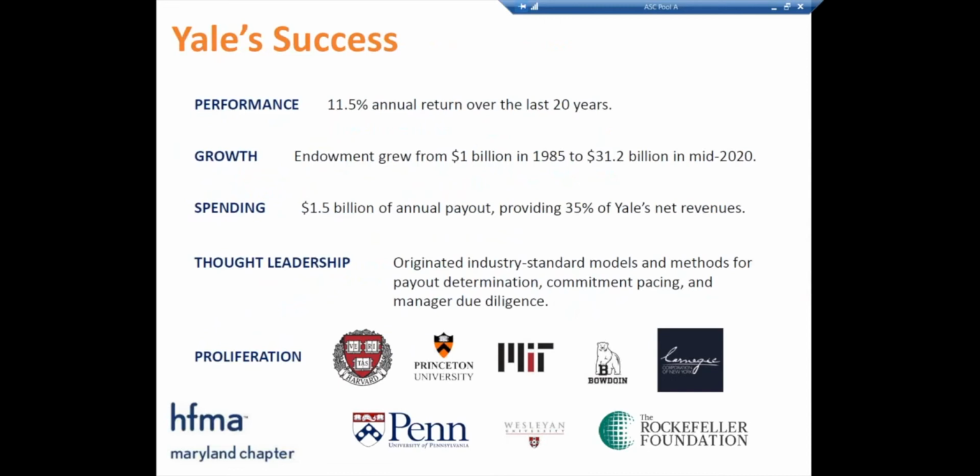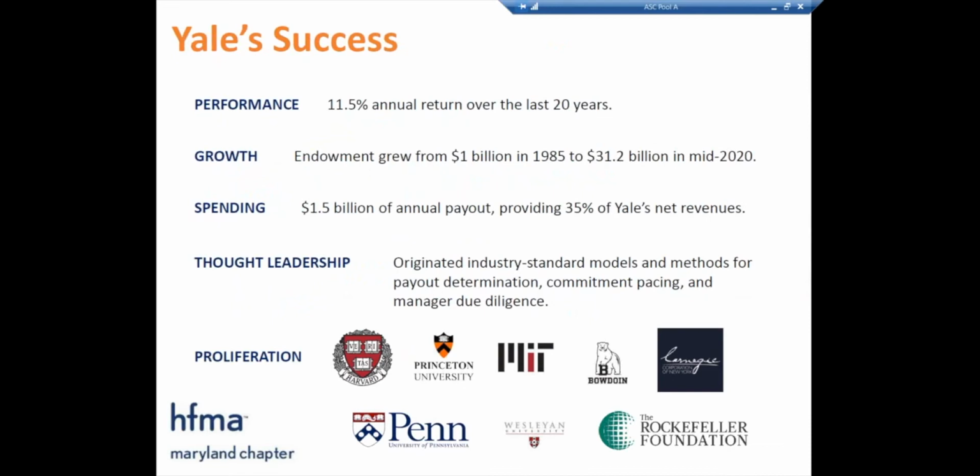As I said, the endowment was around $1 billion when he arrived in 1985. It's now $31 billion, and that is after paying out just about $1.5 billion per year to support Yale's operating budget. As that payout has grown, the endowment now supports over 1/3 of Yale's operating budget each year.